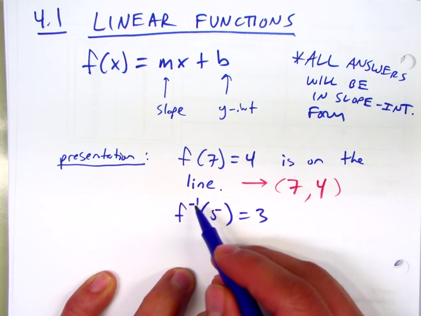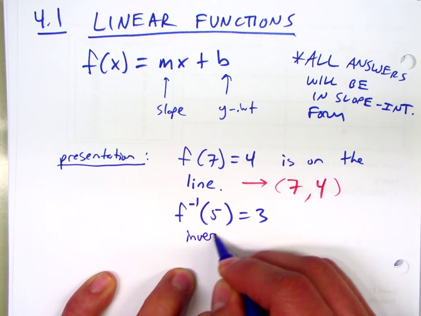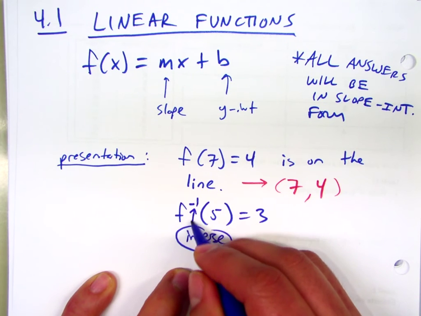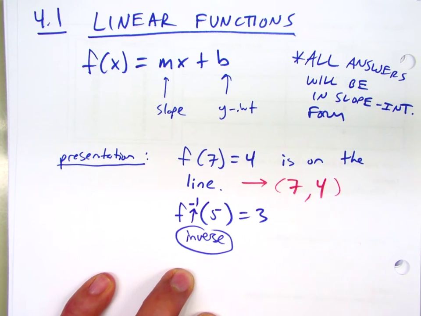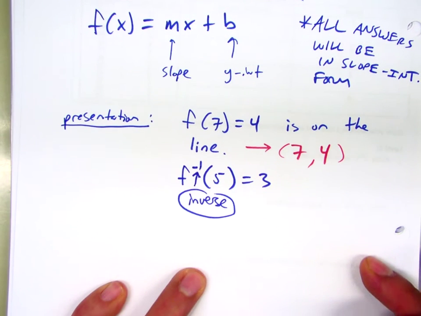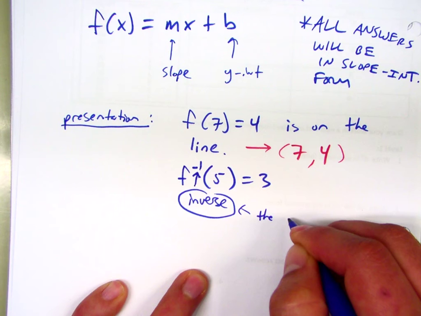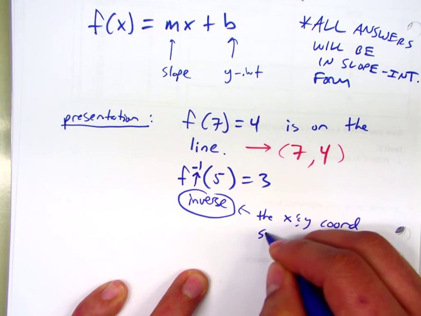What does this notation mean? Inverse. Okay, we haven't really talked too much about inverses, but all you need to remember is the very foundation of what an inverse function is, and that's just that the x and y coordinates switch.